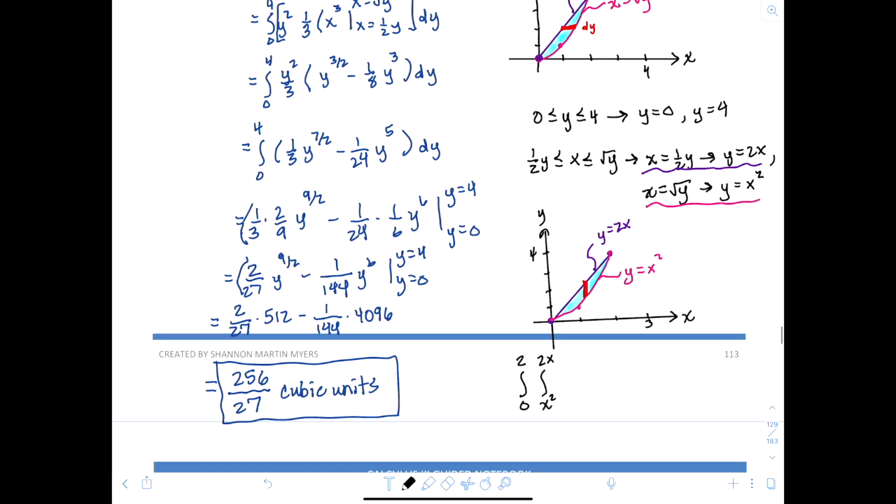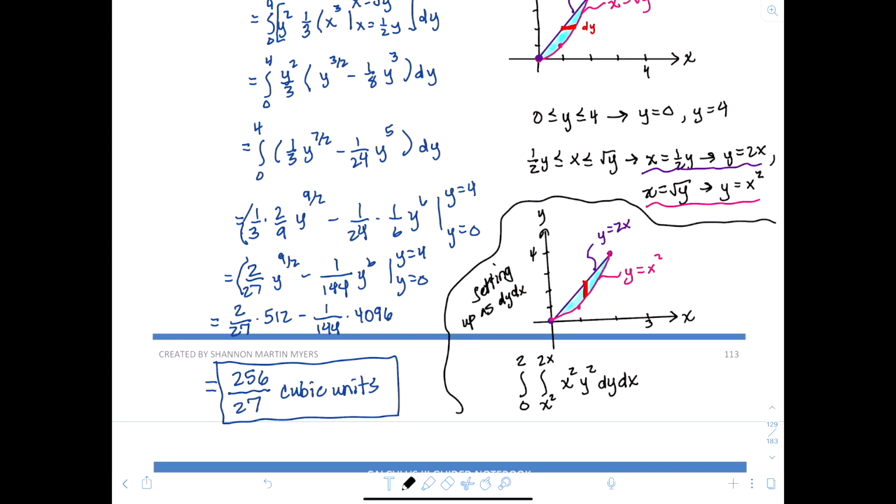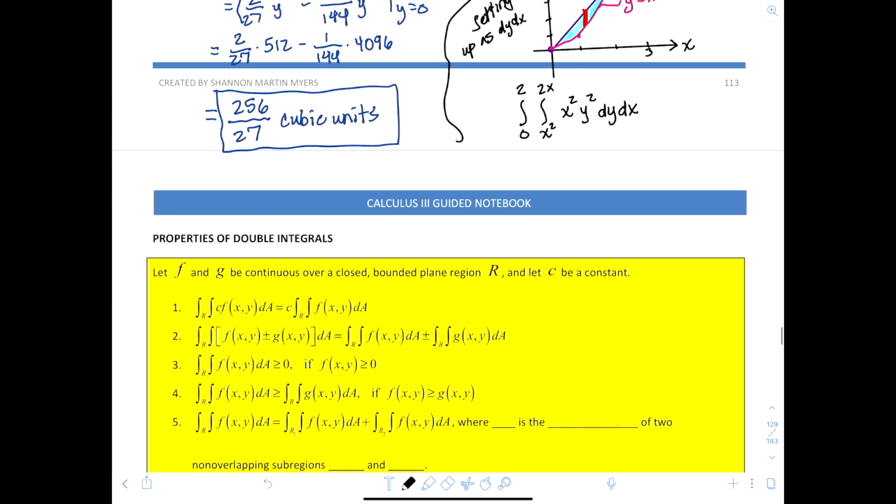And then we would still have the f of x and y, x squared, y squared. And then this would be dy dx. Make sense? Okay. And then you'll get, of course, the same result if you integrate.